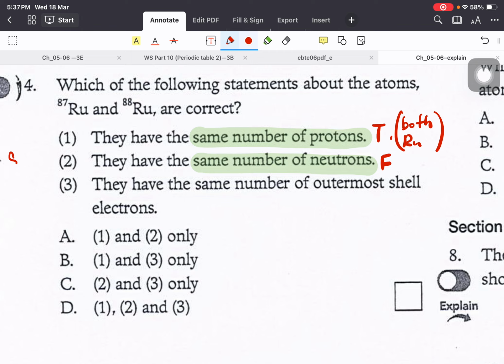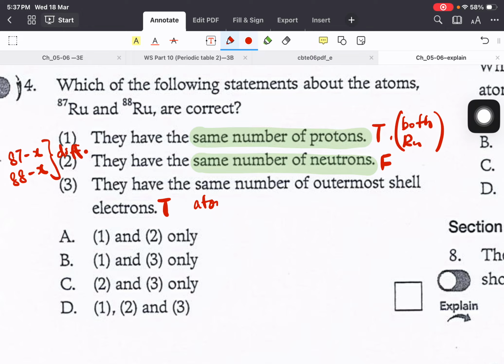Because 88 minus x, they won't be the same. They should be different. So the number of neutrons should be different, F. They have the same number of outermost shell electrons. This should be true. Why is that? Because their atomic number is the same.